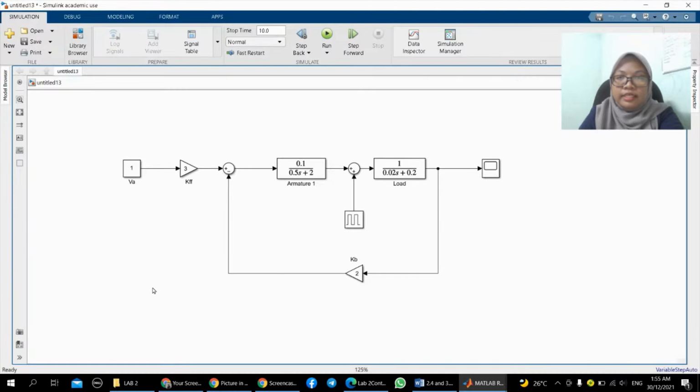Okay, this is the plot diagram that I have created, and this is the gain of KFF. The old KFF is 3, and we run to see the graph.